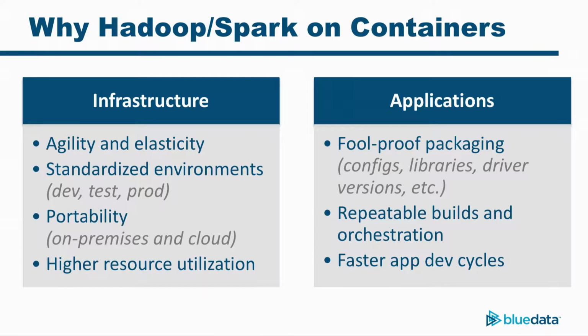I think there's two sides of the house. If you talk to the folks who take care of the infrastructure side of the house, the servers, the storage, networking, and so on, containers are essentially like lightweight virtual machines. They obviously don't have that kind of baggage that virtual machines bring. They deliver elasticity and agility. You can spin up a bunch of containers very quickly.